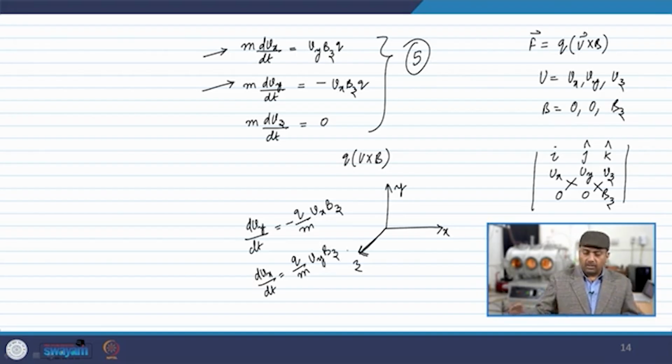It is coupled, isn't it? The x component of the velocity has velocity vy, and the y component of the velocity has the velocity vx.